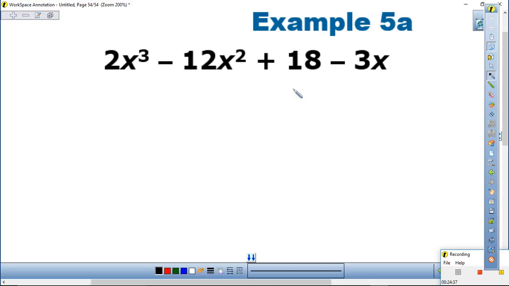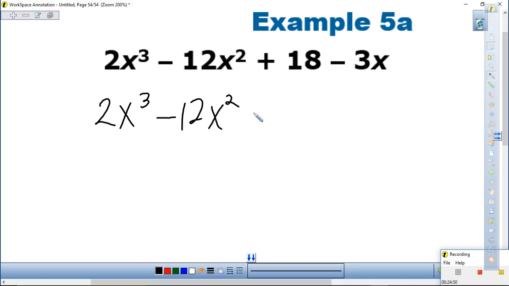All right, what do you guys notice? Not in standard form. So what do we need to do? Then you put it in standard form. 2x cubed minus 12x squared minus 3x plus 18.